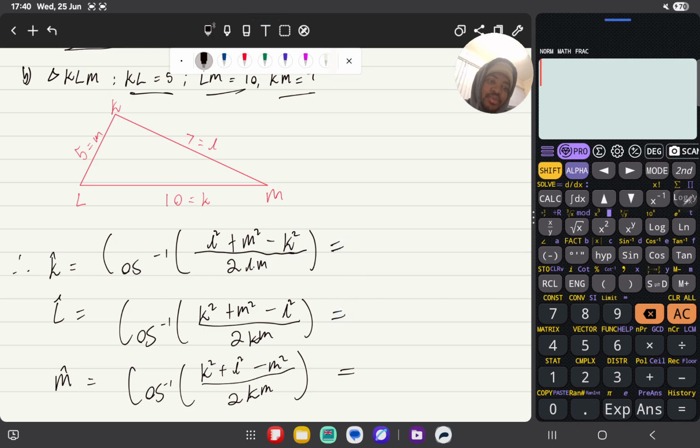So now we're just gonna write the values of these angles. What we're gonna do is just put the values on the calculator, we get our answers, and we are done, right? So we are focusing on angle K now.